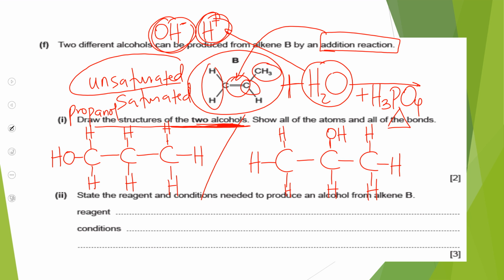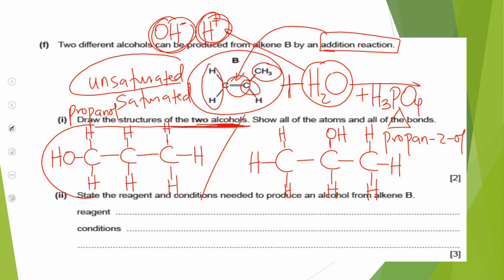So it's a different structure from the first one. The first we had propan-1-ol, because the OH was placed on carbon 1. But in this second scenario, we have propan-2-ol, because this time the OH has been placed on carbon 2. So these are the two structures we can get if we do addition reaction on this alkene B.